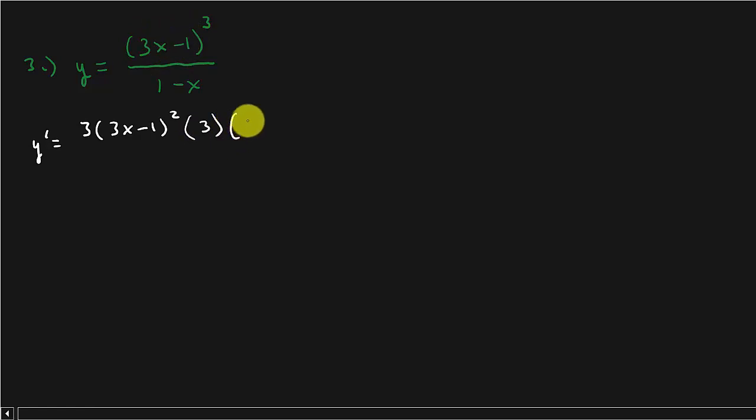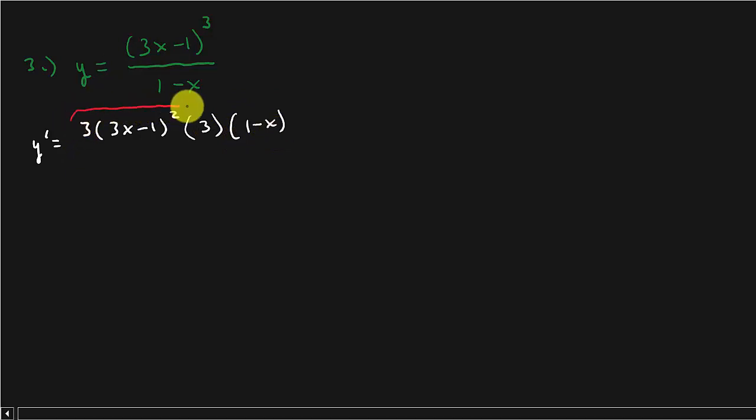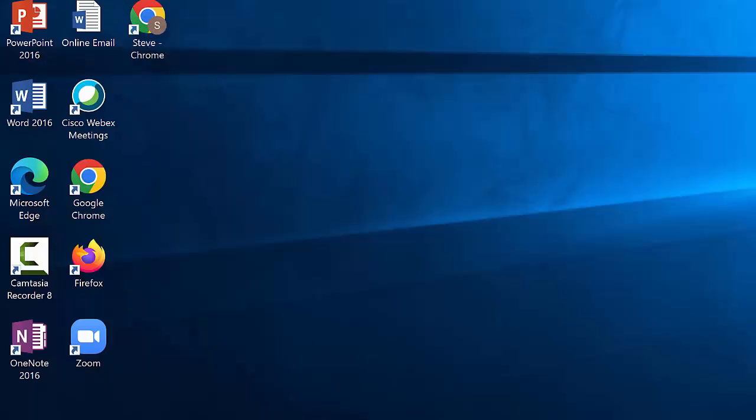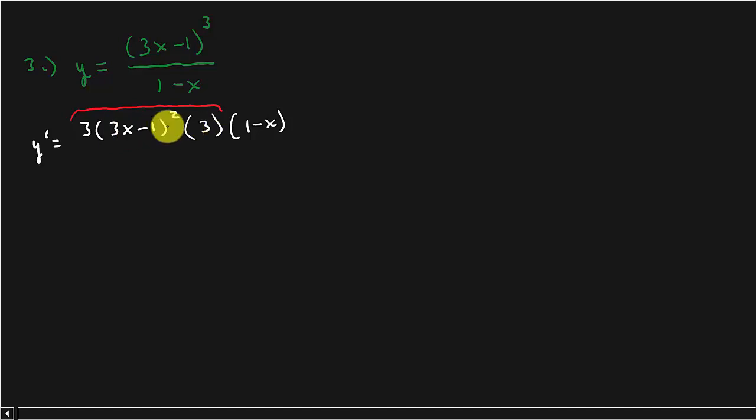And then it's times the denominator. So remember, this is the derivative of the numerator times, and then this is the denominator. All right?